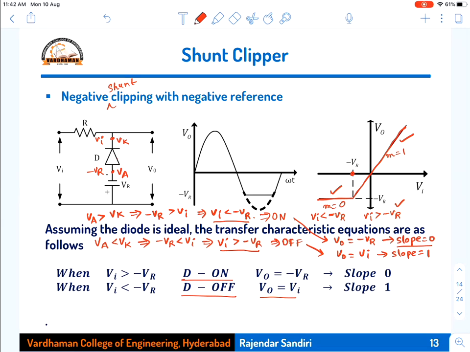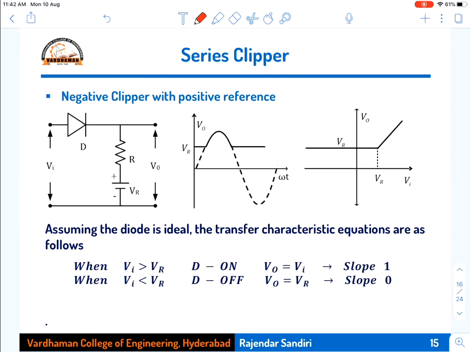So like that, you just analyze all the circuits. The remaining circuits, I just skip so that you can analyze them. It is very easy. Only thing is that always you see VR, VA and VK, how it will be. VA and VK, one of them will be your input voltage and the other one will be your reference voltage.